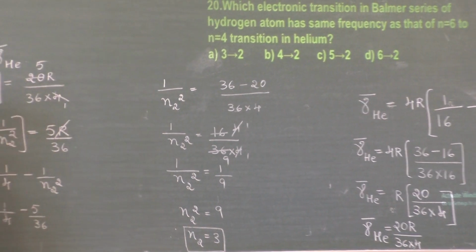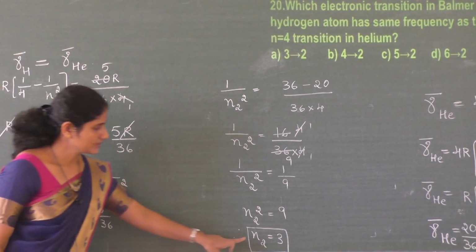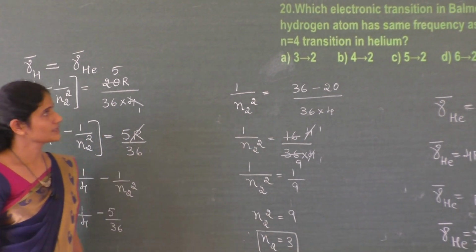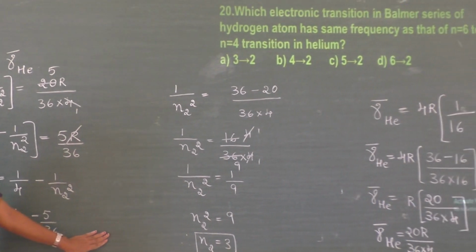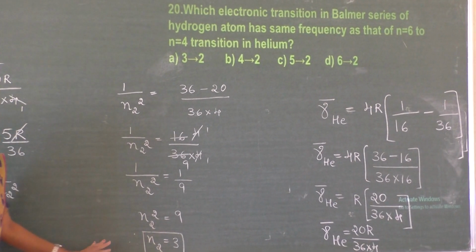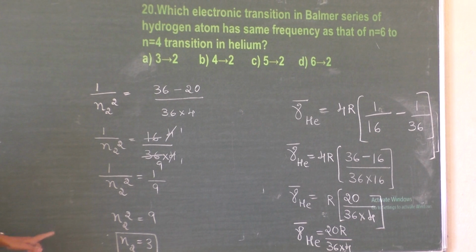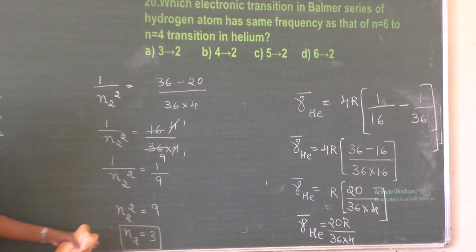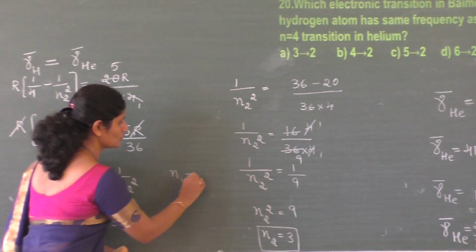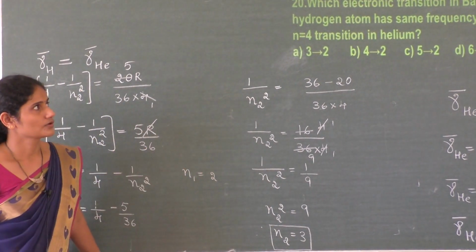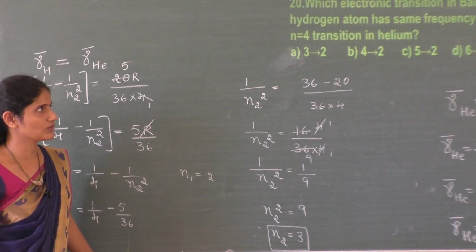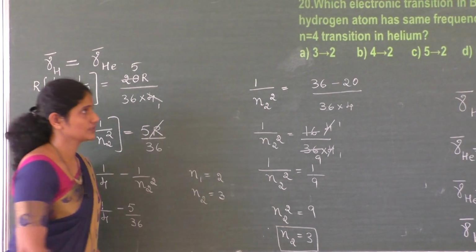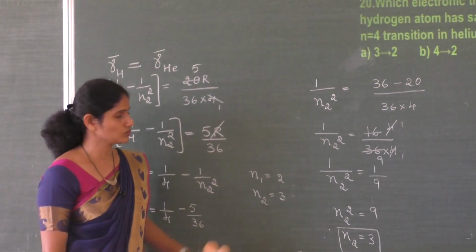So we can conclude that n equal to 3 to n equal to 2 transition in case of hydrogen atom has the same frequency as that of n equal to 6 to n equal to 4 transition in helium atom. So n1 is equal to 2. For Balmer series, n1 is always equal to 2. So n2 is equal to 3. Electron is jumping from 3 to 2.